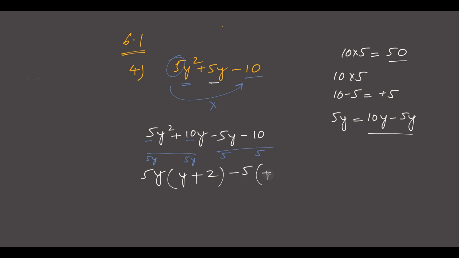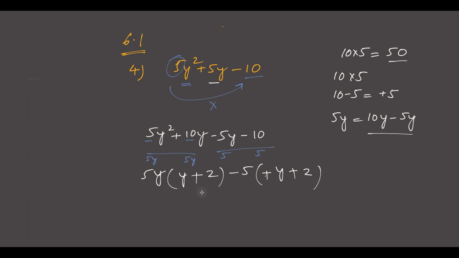And minus into plus is minus again, so it is plus 10 divided by 5 is 2. Can you see here? If you are confused, then multiply: minus into plus is minus, here minus 5y, and again minus into plus is minus 10. That's how you go back to the same statement above.